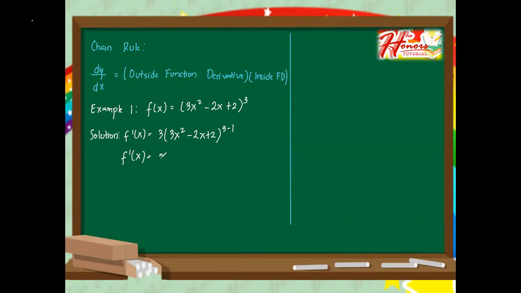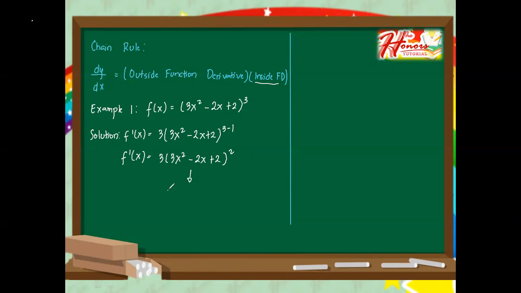So that is equal to 3 times the quantity of 3x squared minus 2x plus 2 raised to 3 minus 1, that's 2. Okay? And then we are going to look for the inside fd or function derivative, and this is how we are going to solve for it.